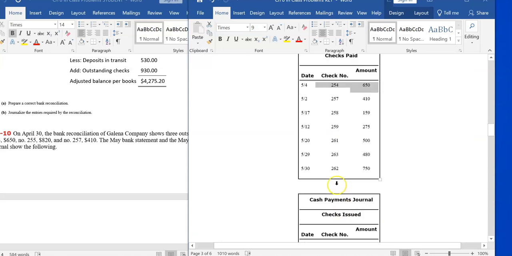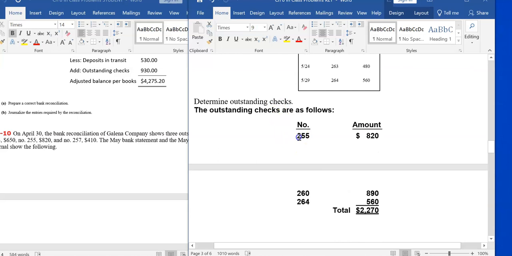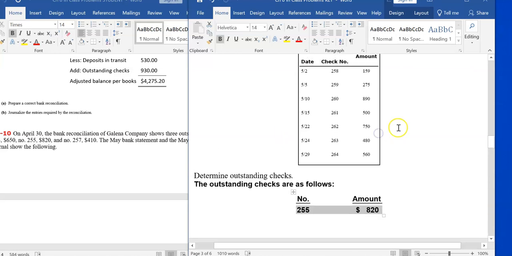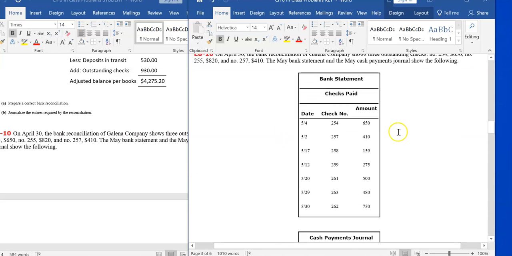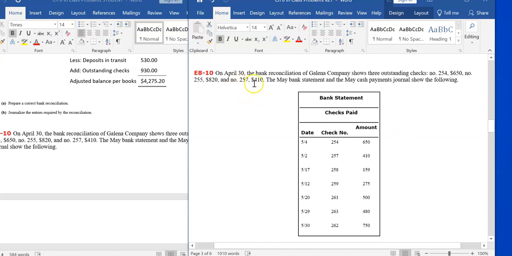So check 255 must still be outstanding. It hasn't been processed. Okay. Check 257 for $410. Oh, there it shows up on the bank statement. So we know that that one is cleared as well. So far the only outstanding check that we are still aware of is check 255 in the amount of $820.